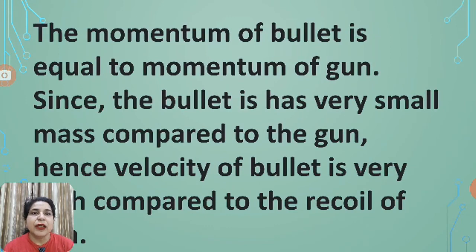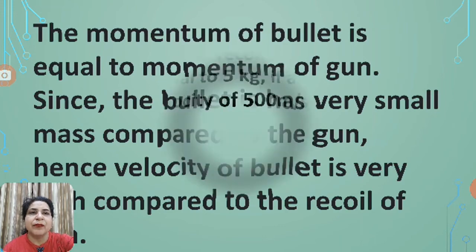That is, the momentum before firing was 0, so the momentum after firing of the gun-bullet system must be 0. That is, the momentum of the bullet is equal to the momentum of the gun, but in the opposite direction. So we can find the recoil velocity of the gun using this law of conservation of momentum.